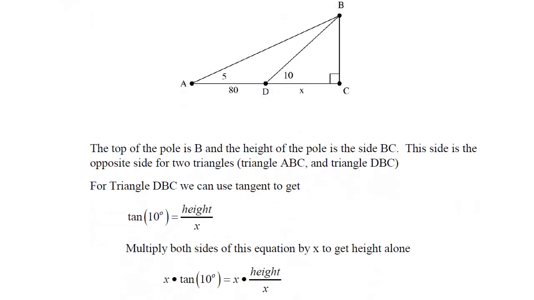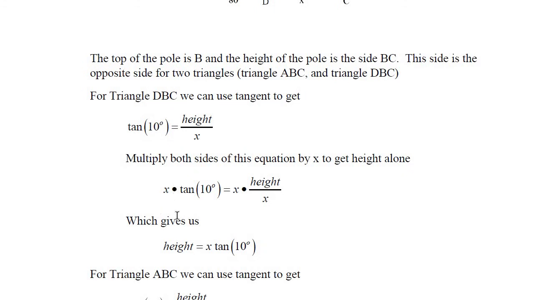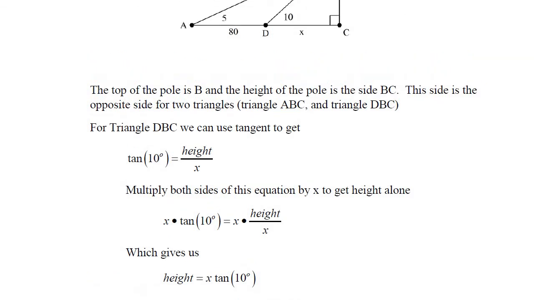I want to solve this for height. Multiplying both sides by x gives me that my height is x times the tangent of 10 degrees. So we used that smaller triangle to build an equation that'll give us height. Now we still don't know what x is, but we do have an equation that describes height.